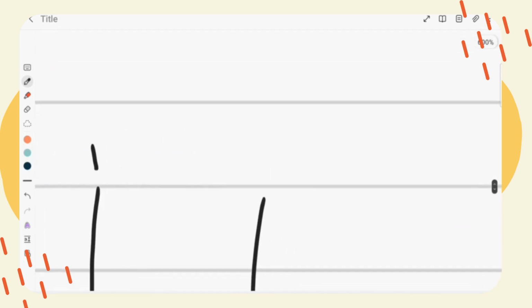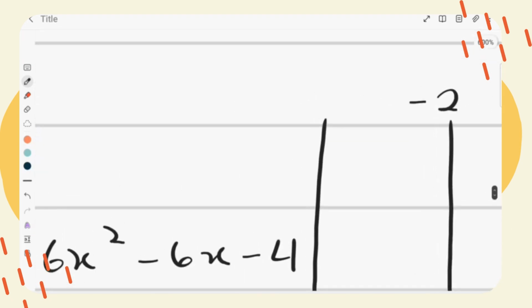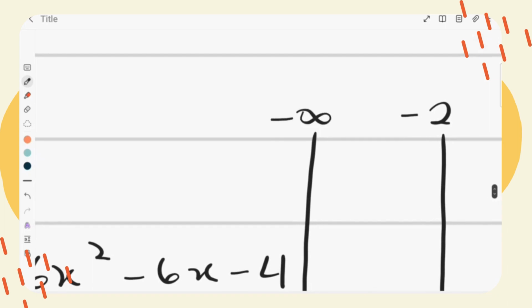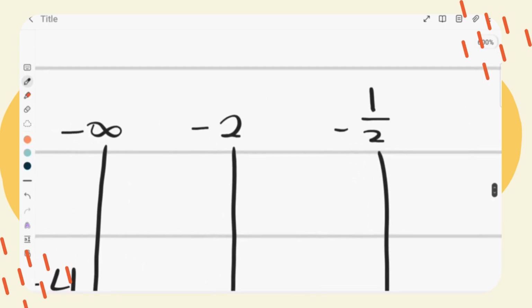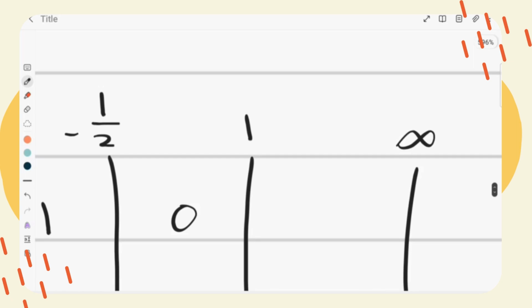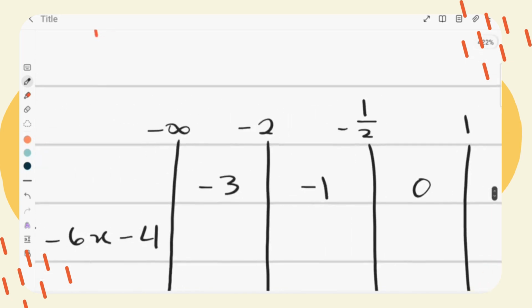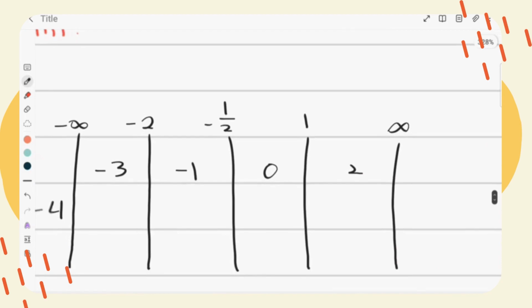We can also put the infinity sign, and then this is negative infinity. So between negative infinity and negative 2, we can put a nearby number, which is negative 3, and then we can put negative 1, 0, and 2. Okay, why do we need to write these numbers?